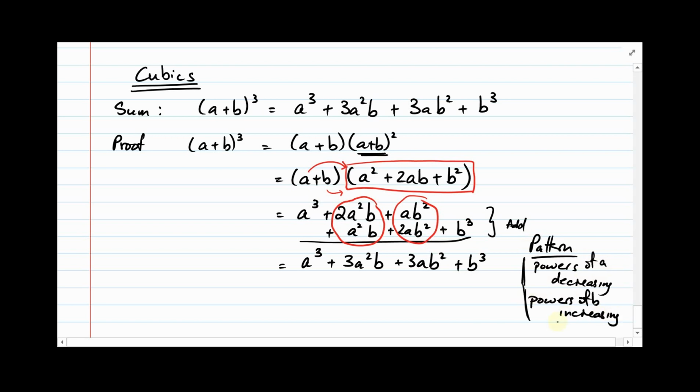The power on each term sums to 3, which is what we call the degree. The degree here is 2 on the a, 1 on the b, so a total of 3. The degree on this term is 1 plus 2. Remember, a to the first is a. Only b is present here, so the degree is 3. So all the terms have degree 3, and we are seeing this pattern.